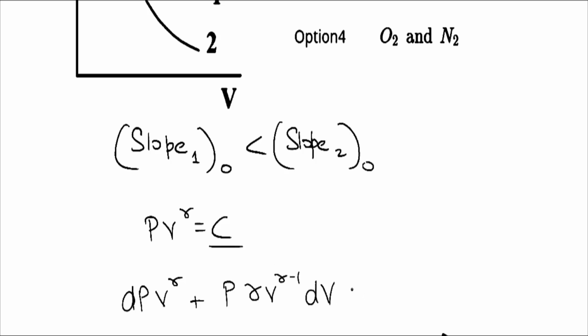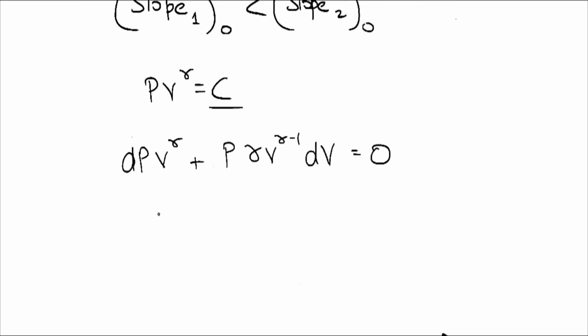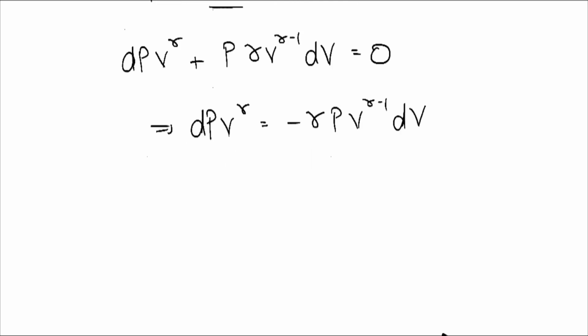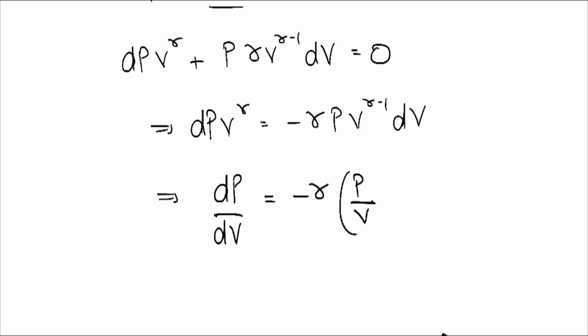Since C is a constant, its differentiation is equal to 0. Upon rearranging, we get dP upon dV is equal to minus gamma into P by V.